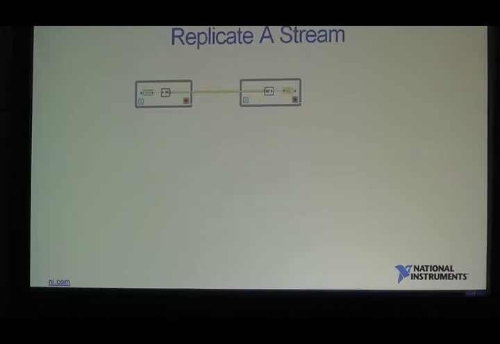A stream is like a queue, and it connects a single writer to a single reader. So there's only one source and one destination for a queue. However, there are some situations where you might want a producer of data to send the data to 2 or more locations.